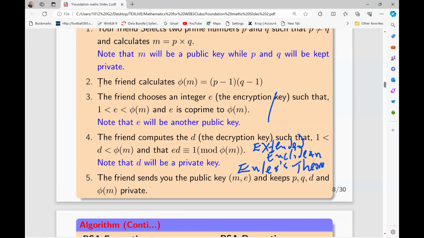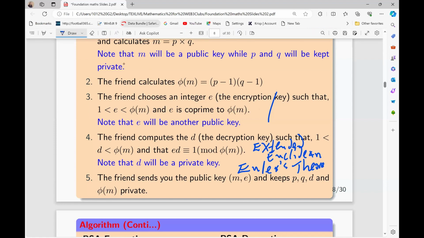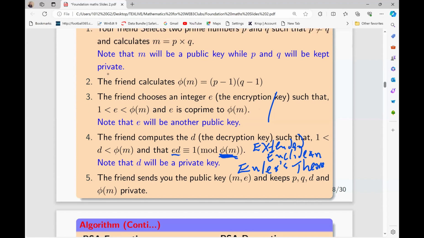And we said yesterday that this time it's not possible for him to use Fermat's little theorem, because this phi of M is not prime.